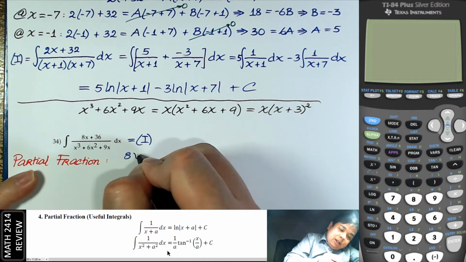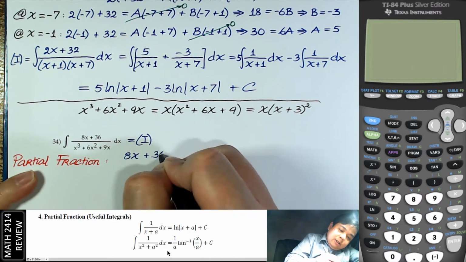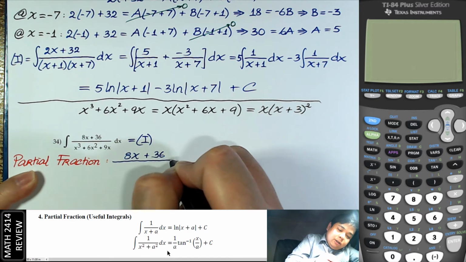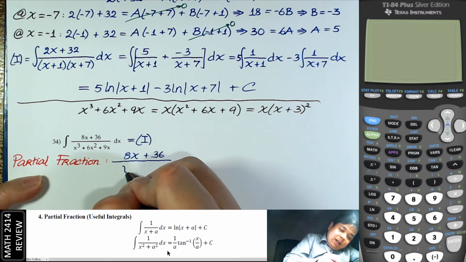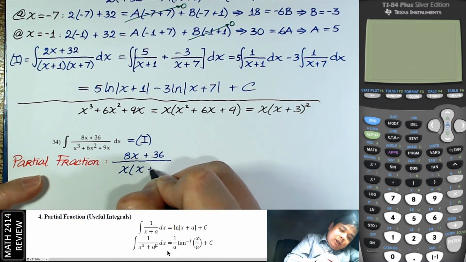Ax plus 36 over that, I just say x plus 3 squared.